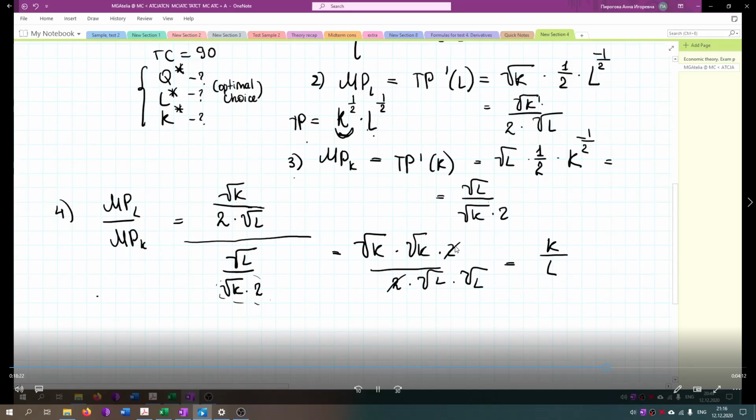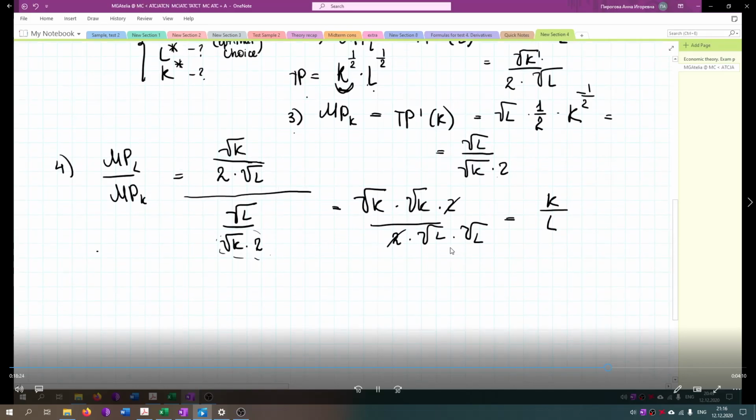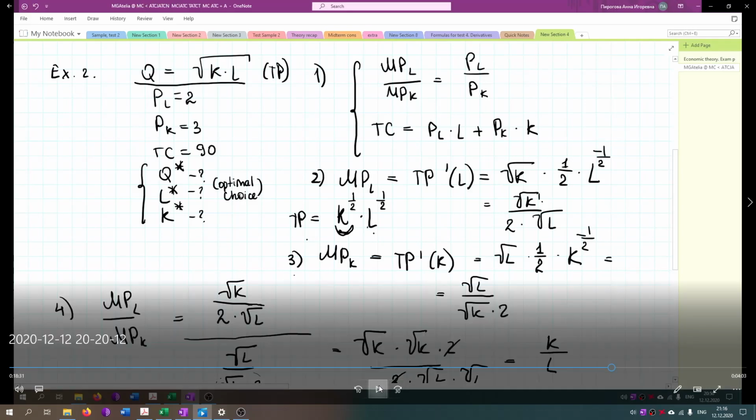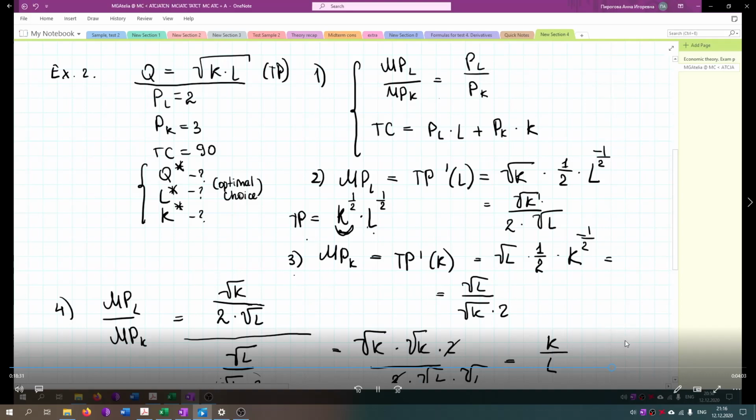So our next step is to use the first system to find the solution. We already know marginal product of labor, marginal product of capital. We know pay for labor, pay for capital. We know total cost. So we just need to insert our numbers which we received from our computations.